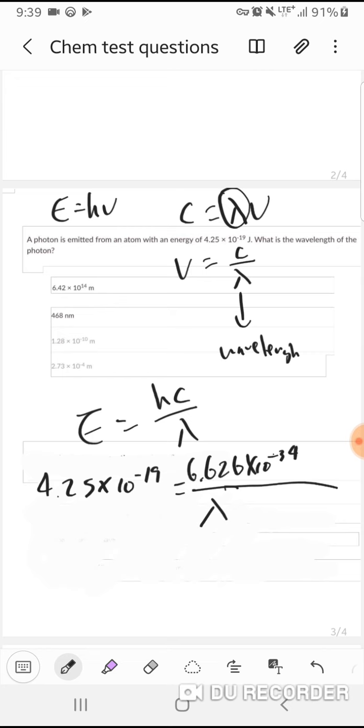Yeah, so Planck's constant is 6.626 times 10 to the negative 34 power.